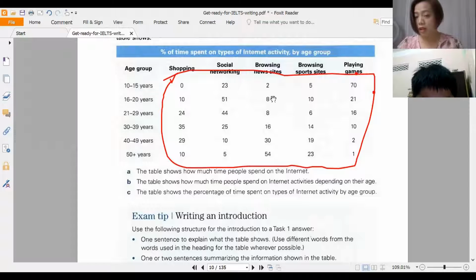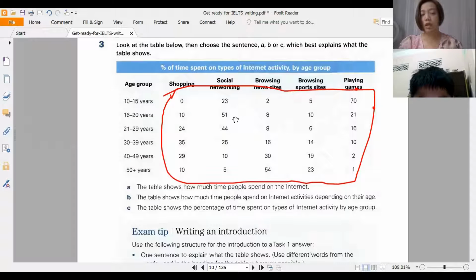I'm just talking about this part of the table. All right, that means you don't care about age group, huh? Yeah, because this is the most important currently. Oh, wow. I understand what you meant. That means all the figures here are important, but among these numbers, I want you to pick out what are the most important.